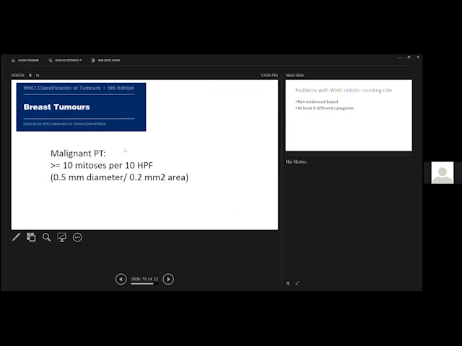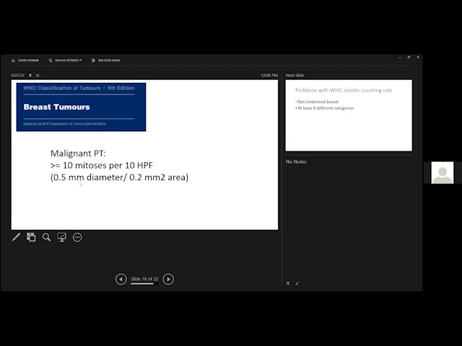In the most recent WHO breast tumor classification, in the malignant phyllodes tumor criteria, it is recommended to use equal or more than 10 mitoses per 10 high power fields.